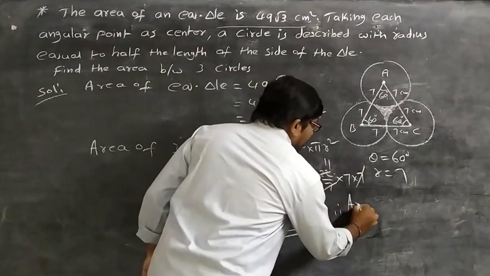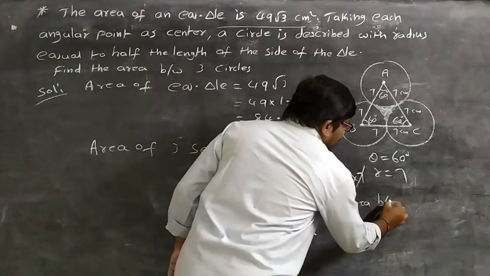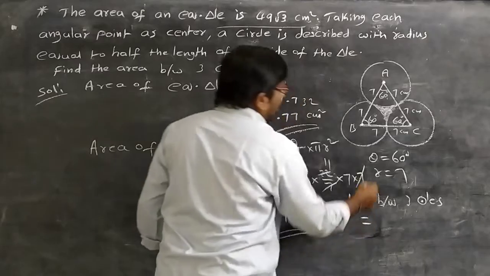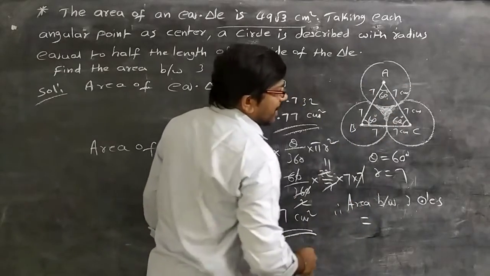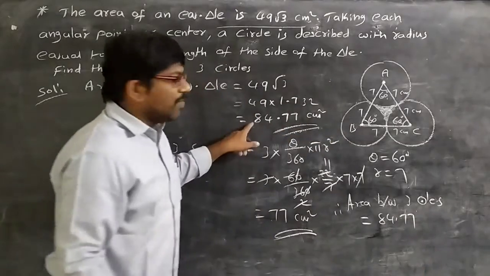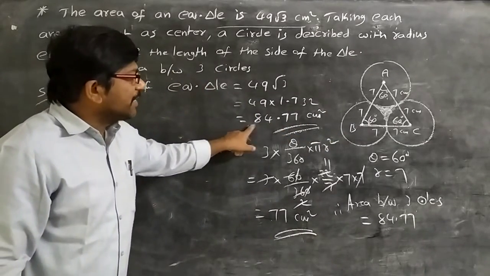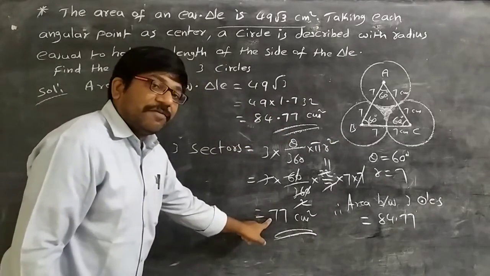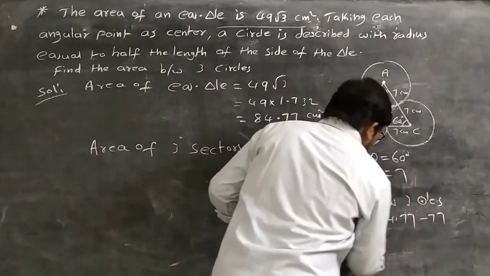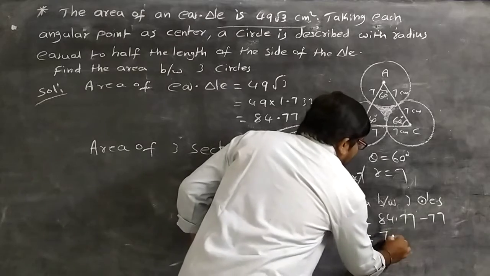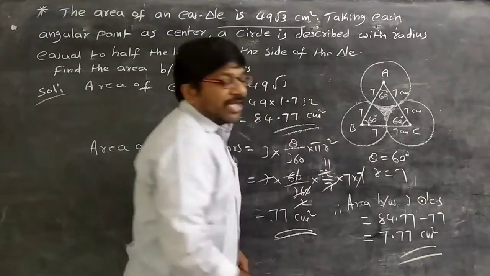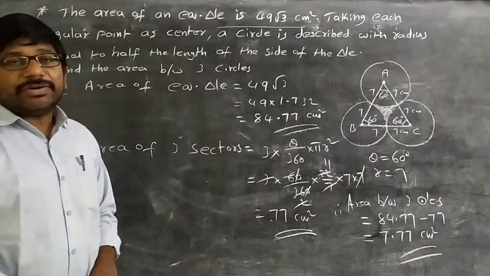Therefore, area between three circles is equal to area of equilateral triangle, that is 84.77, minus area of three sectors, 77. That is equal to 7.77 centimeters square. This is the required area, right?